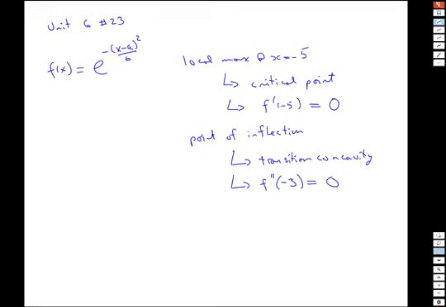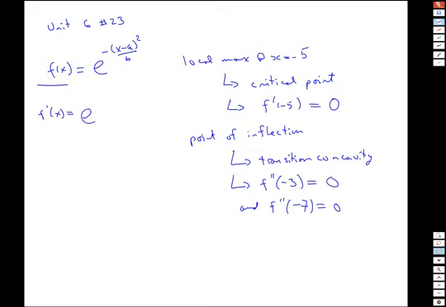The second derivative of your function at that specific location has to be 0, and also at -7 too. And what those do is they give you equations that you can then use to solve for a and b.